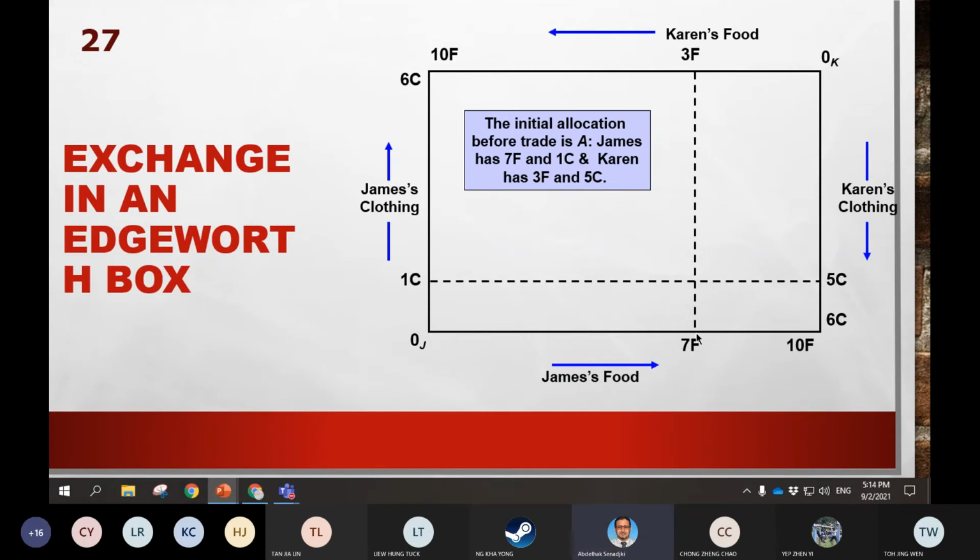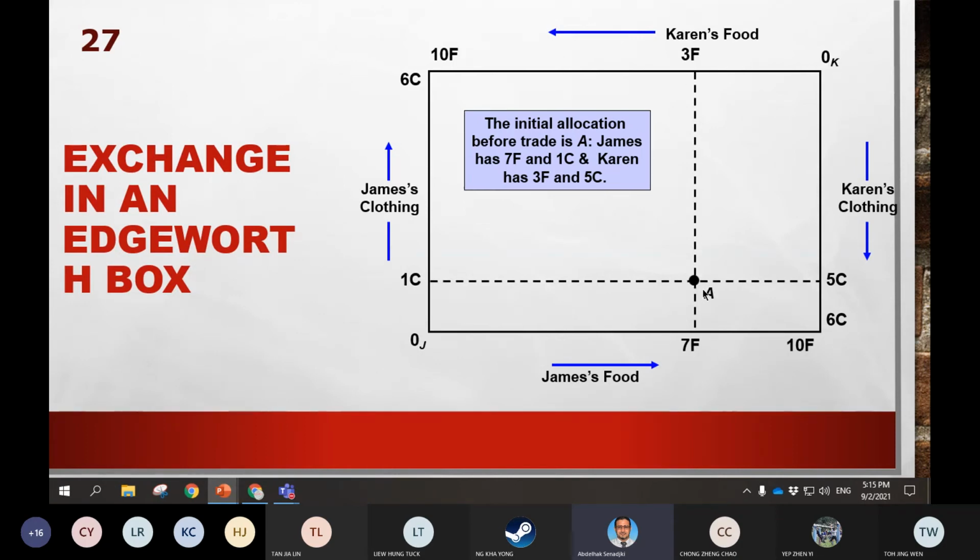So how much is left for Karen? 3. So Karen has 3 food, James has 7 food. And in the vertical axis, James has 1 clothing only, but Karen has 5. So we read the opposite: here 1, here 5 become 6. Here 7, here 3 become 10.